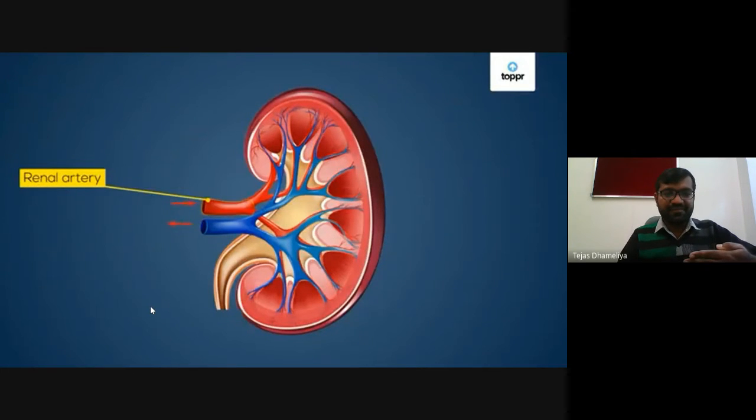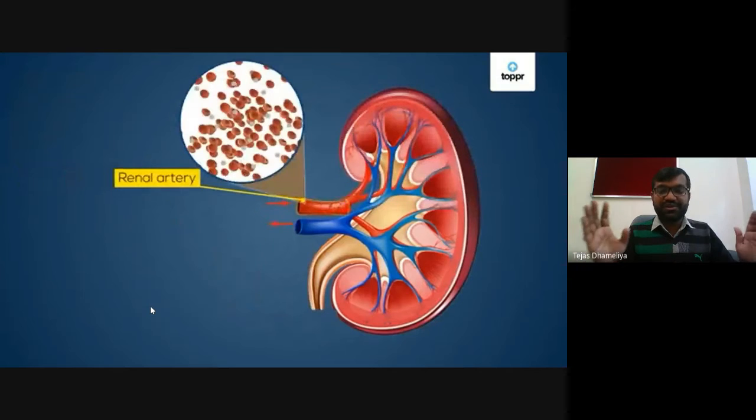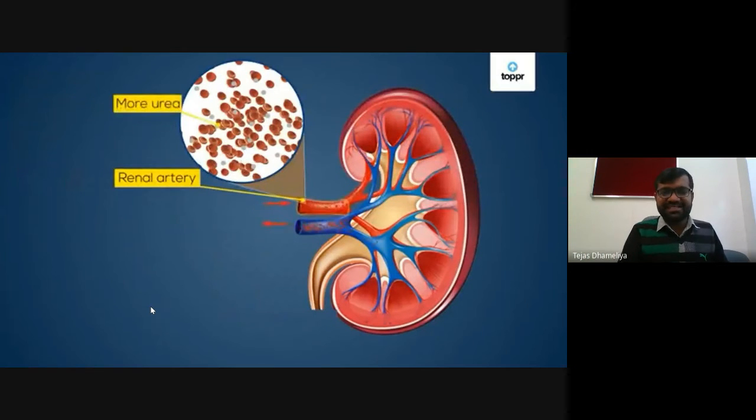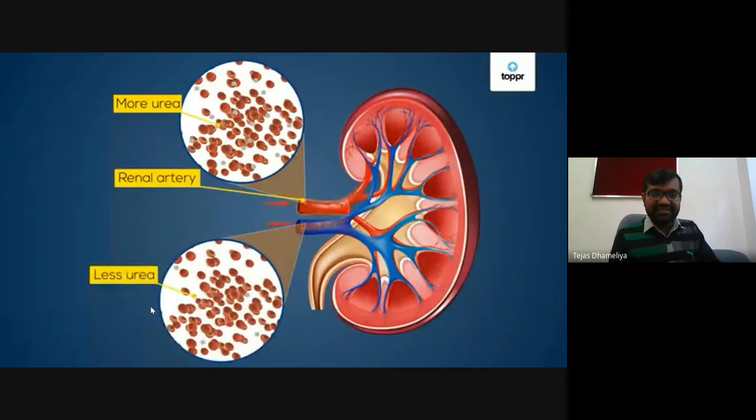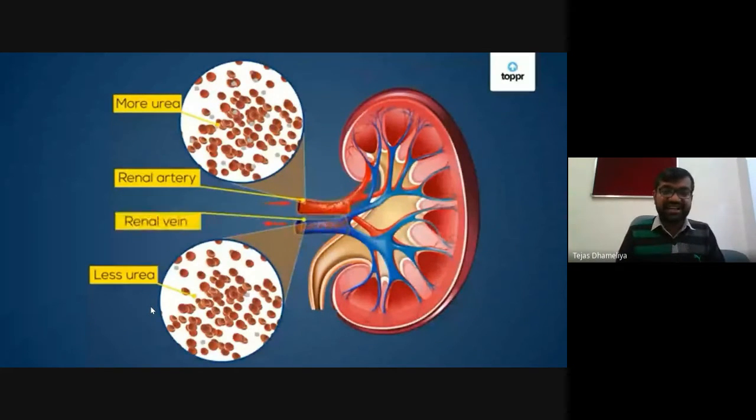Then it comes out purified, with no urea, or maybe a little urea but less amount. Pure blood here does not mean oxygenated or deoxygenated.